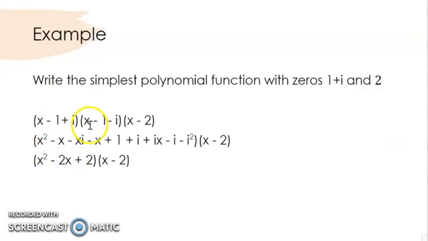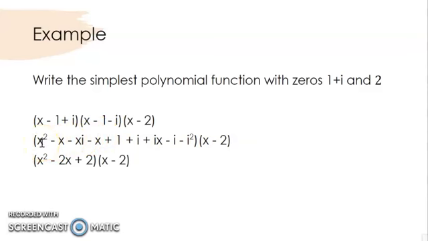Okay, so I did x times x, I got x squared, x times negative 1, x times negative i. Then I multiplied the negative 1 in. Negative 1 times x, negative 1 times negative 1, negative 1 times negative i. Then I multiplied the i in. i times x, i times negative 1, and i times negative i. So I got this big polynomial right here.